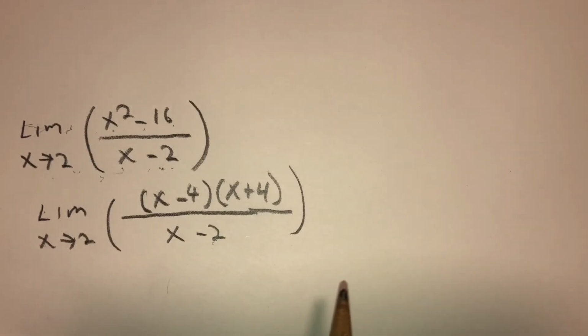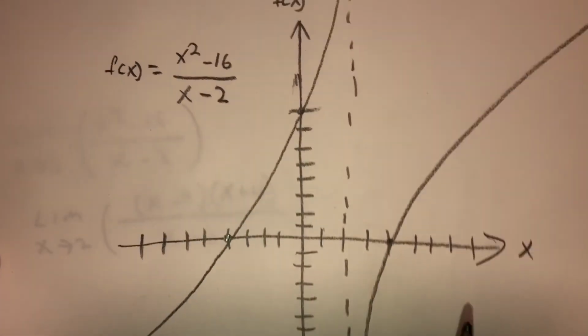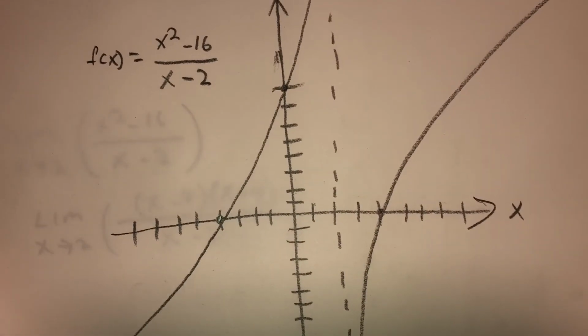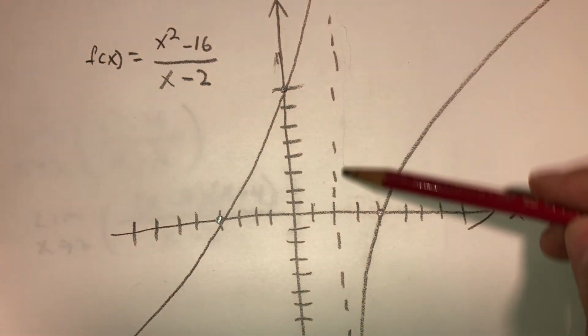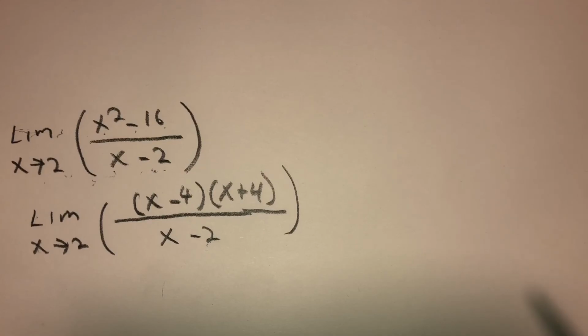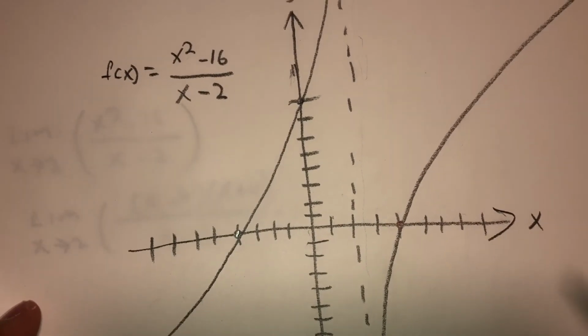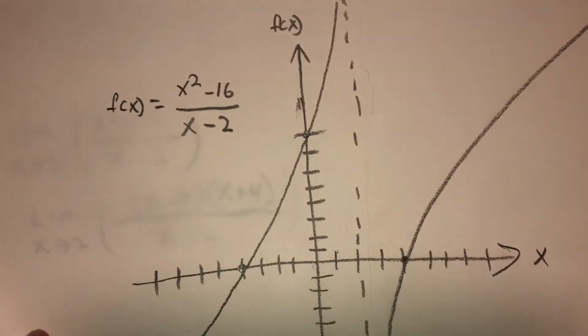And if I look at the graph of this function, it looks something like this. It's got an asymptote here where we're trying to do the limit. And if we remember what we had done in the other video, we're trying to do the limit as x approaches 2.